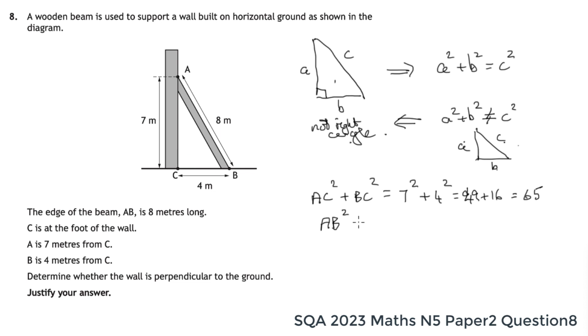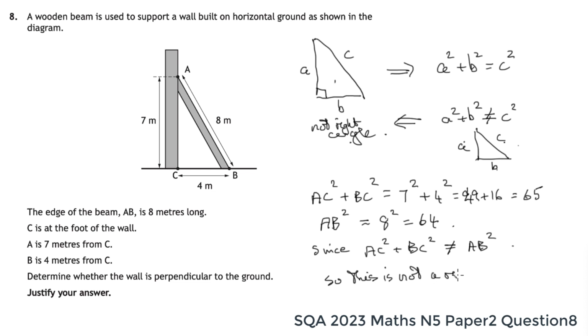We might still find out it's right angled. So AB squared, that's 8 squared, and that's 64. Well, now it becomes clear that AC squared plus BC squared does not equal AB squared. So this is not a right angled triangle.